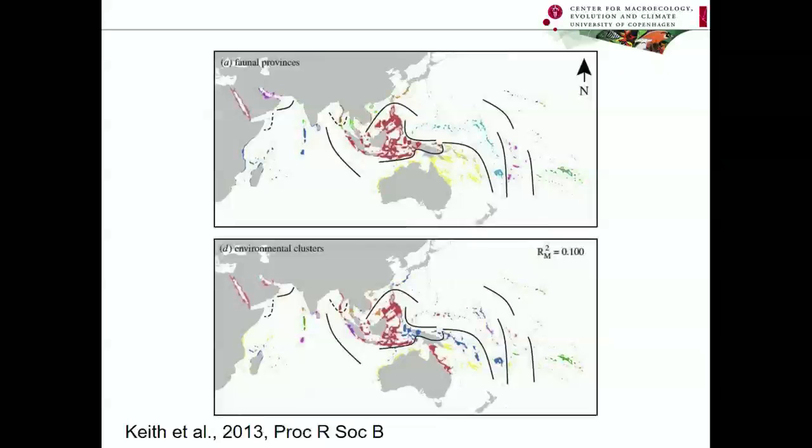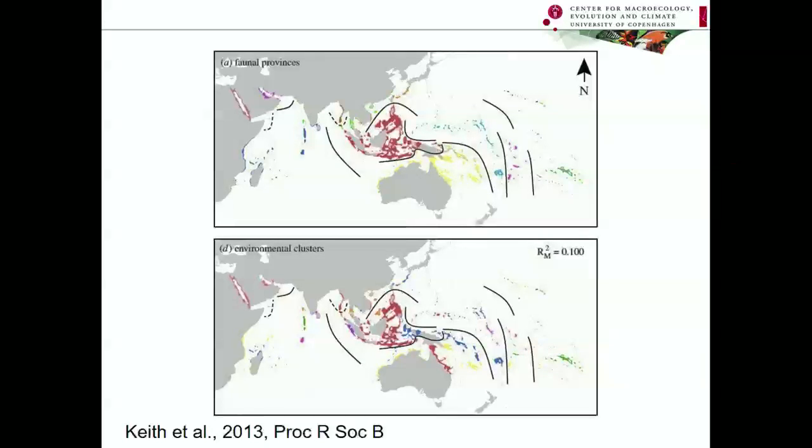But when environment was investigated, there was very limited support for its role in generating biogeographic patterns in corals, which you can see in this lower image where the colours representing distinct environmental conditions don't correspond at all well to the faunal provinces. So I found this pretty surprising.